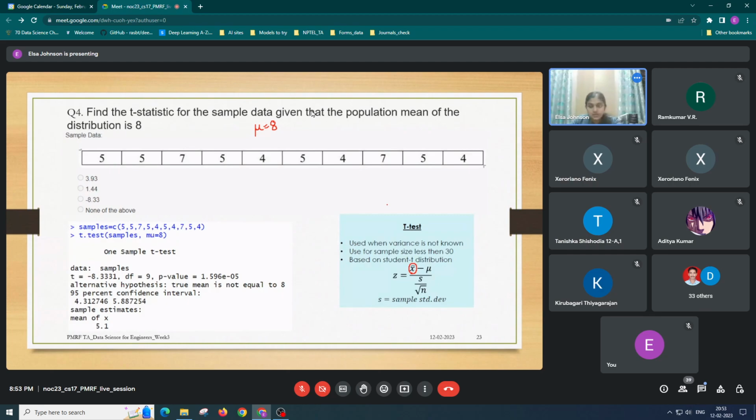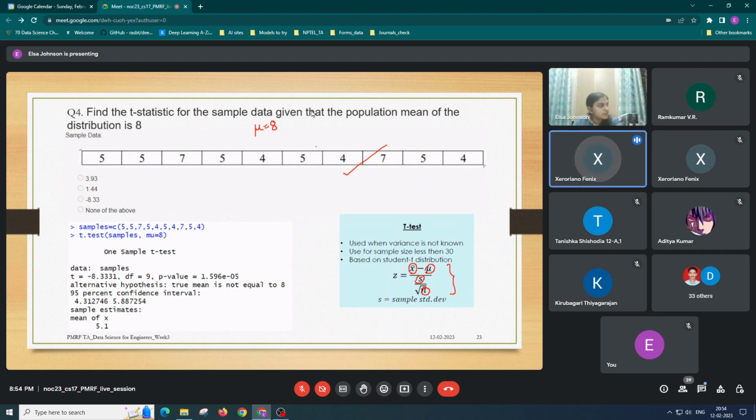Mu you have. S is the sample standard deviation, and n you know. So these things you should calculate from the data you are given, and you are given the population mean also. So I think this process is clear. X bar is the average of these values.